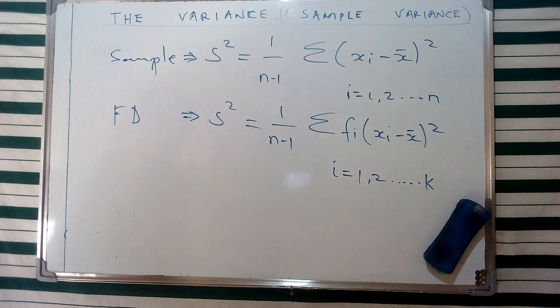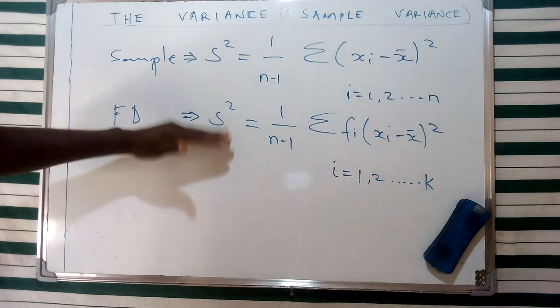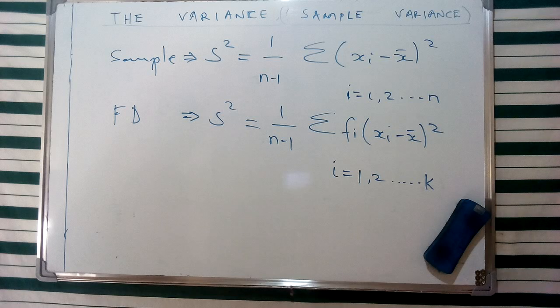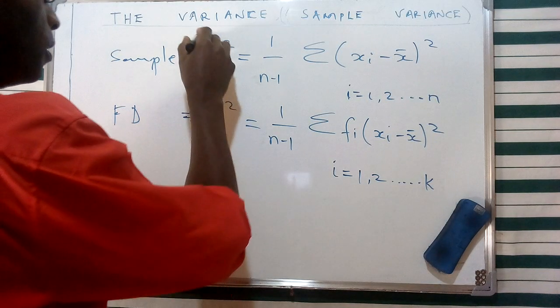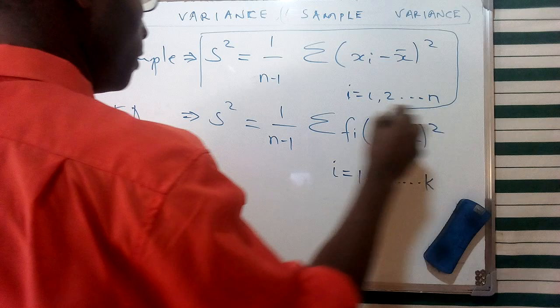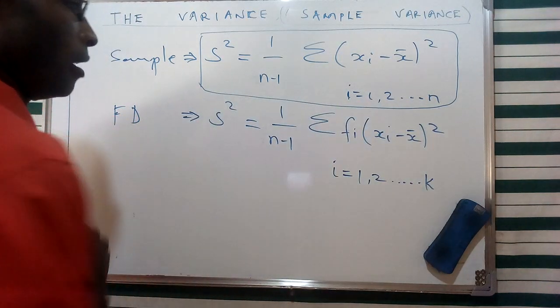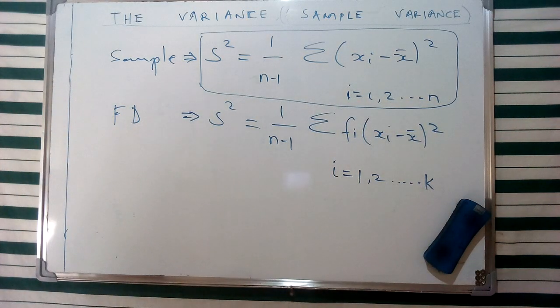Now we can also have various variations, or a summary form, of these two formulas for frequency distribution and raw data. But basically this is the general representation, with the first case for raw data, and the lower part forming our second representation.